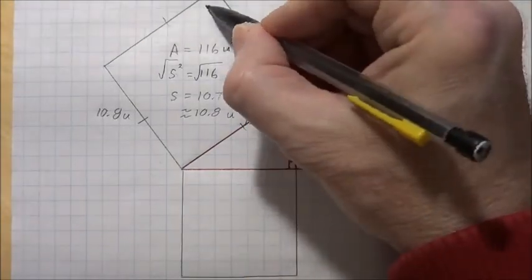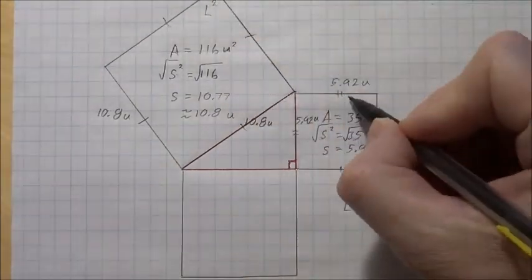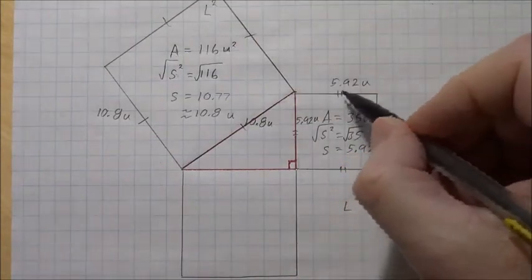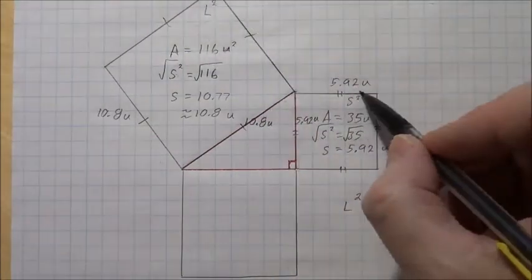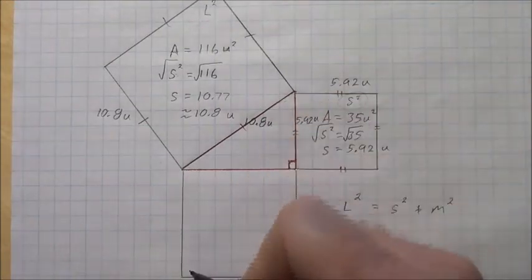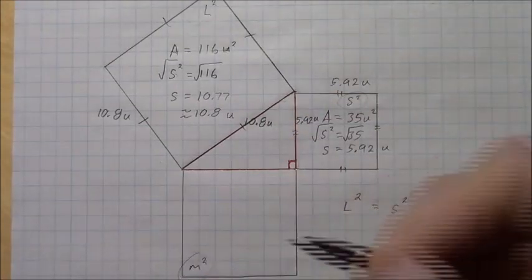So this is our L squared, this is S squared, so these are the areas of the largest square, the smallest square, and here's the area of the medium square right here.